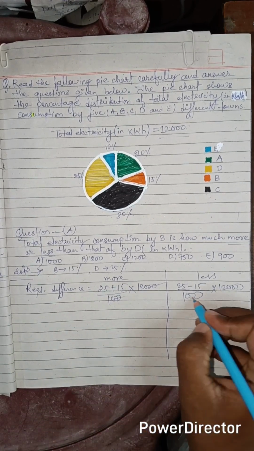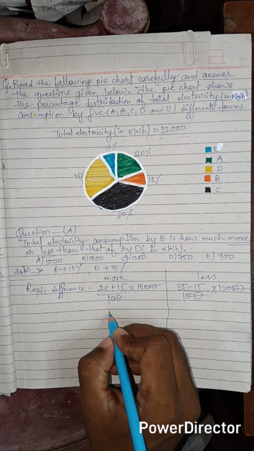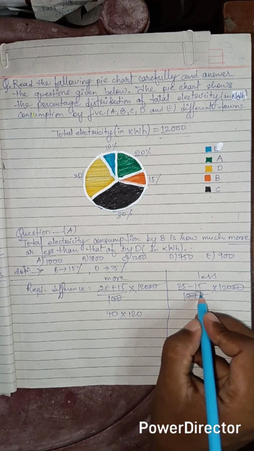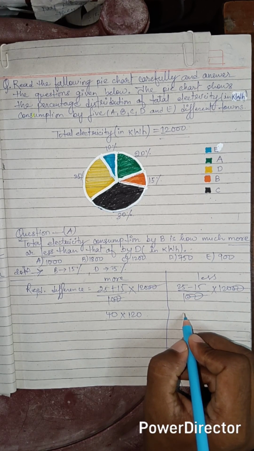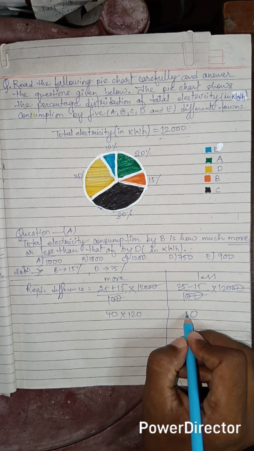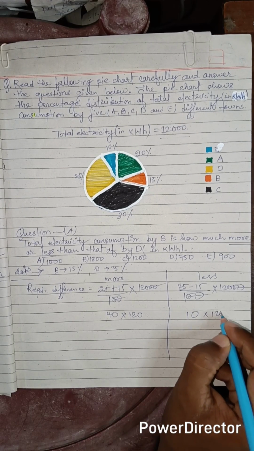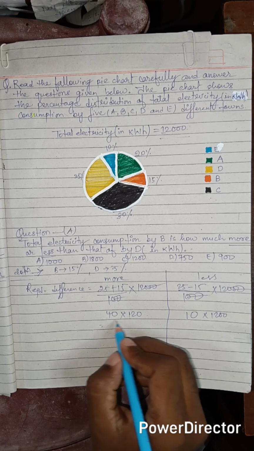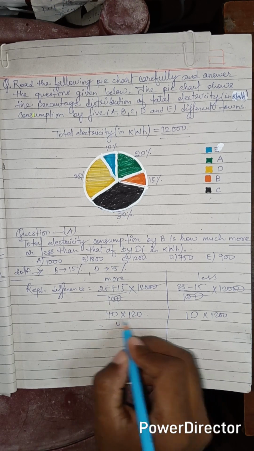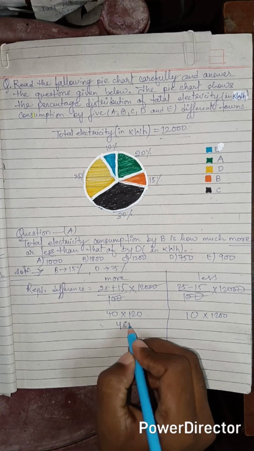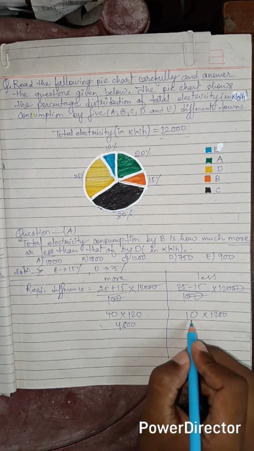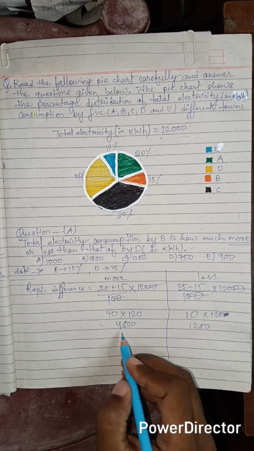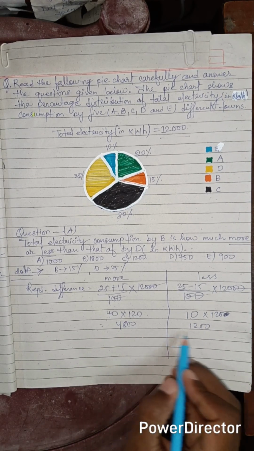We divide by 100 and multiply with the total value 12,000. Zeros cancel. 25 plus 15 is 40, multiplied by 120. 25 minus 15 is 10, multiplied by 120. We got two answers, 4800 and 1200.